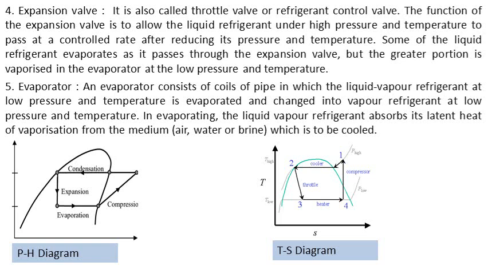Now 1 to 2 is the compression process. 2 to 3 is the condensation process. That means condensation means cooling. Cooling means phase change from vapor to liquid. That means the refrigerant gets converted from vapor to liquid.